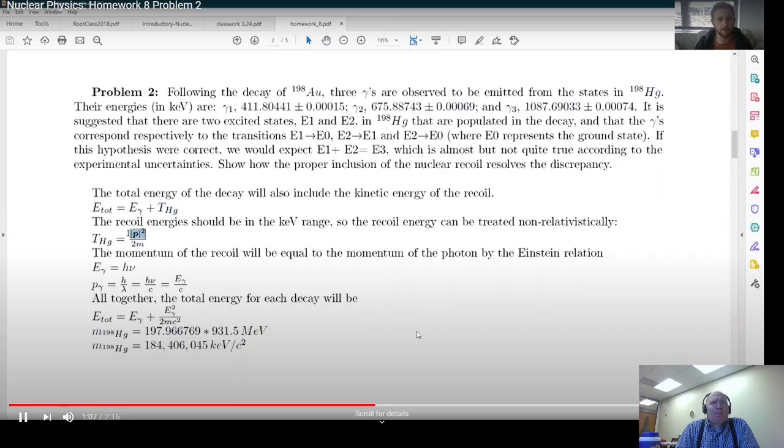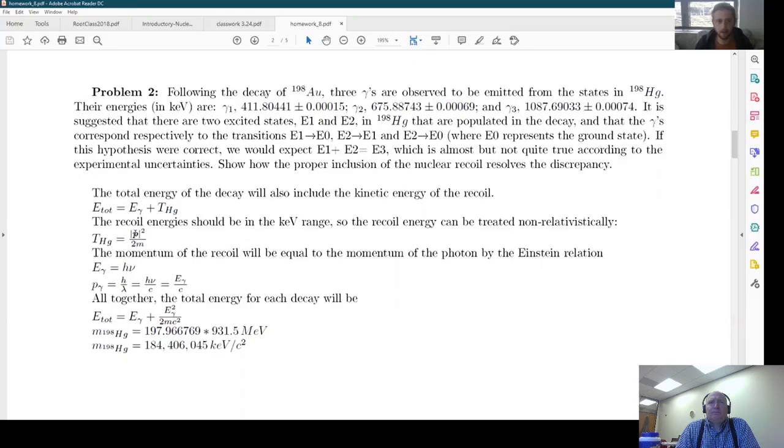Kinetic energy is just the momentum squared divided by 2 times the mass. We know that the total momentum carried off by the Mercury is going to be the same as the momentum carried by the photon, which we can get directly from the Einstein relation here. Altogether, we end up with the total energy being the original gamma ray energy plus this correction factor for the kinetic energy.